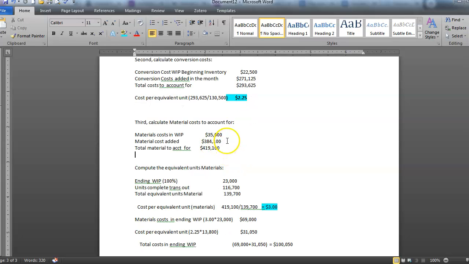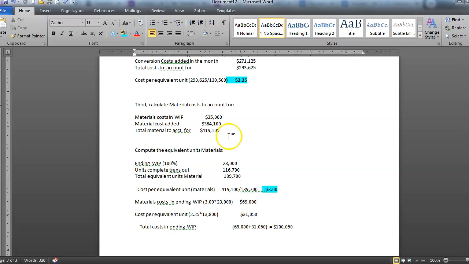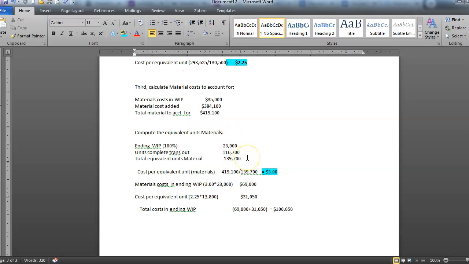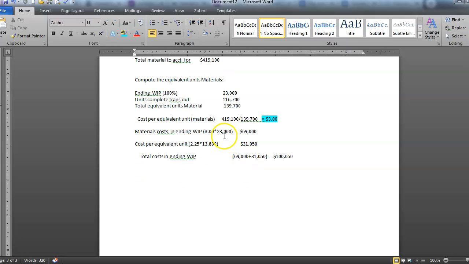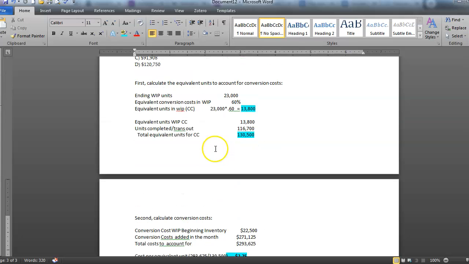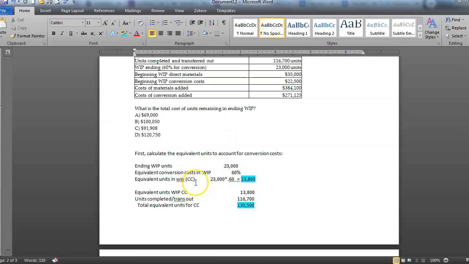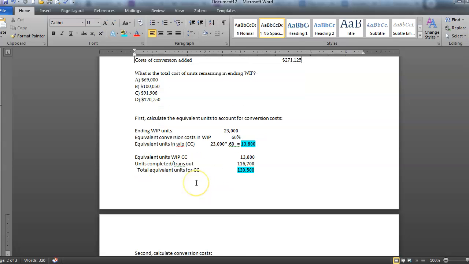I did the same thing here, accumulating the cost to account for, and then accumulating the equivalent units, dividing the two together to come up with my per unit cost. And then at the end, taking my ending units multiplied by my rate, and my cost per equivalent unit multiplied by, in this case, the 13,000, which is the equivalent units in work in process.